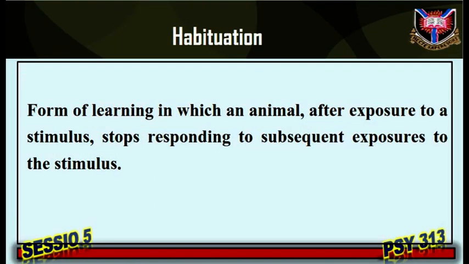Habituation. Habituation is an extremely simple form of learning in which an animal, after exposure to a stimulus, stops responding to subsequent exposures to the stimulus. That is, habituation describes a type of learning in which there is a gradual decrease in responsiveness to a stimulus as a result of repeated exposure to that stimulus.